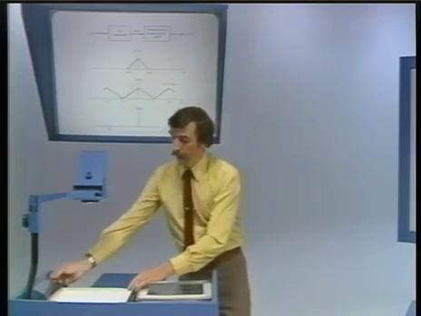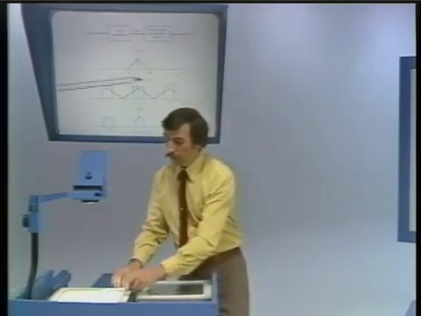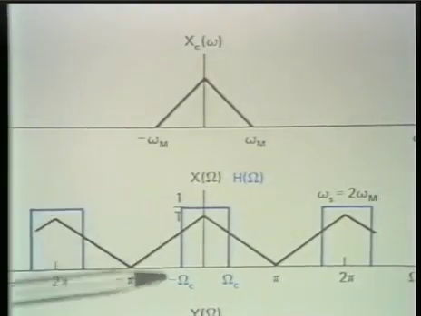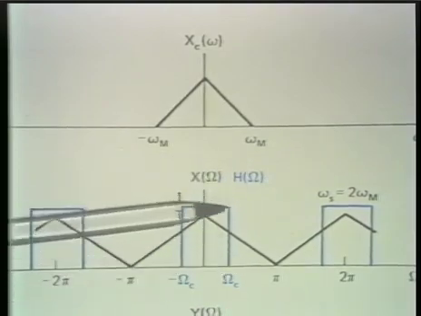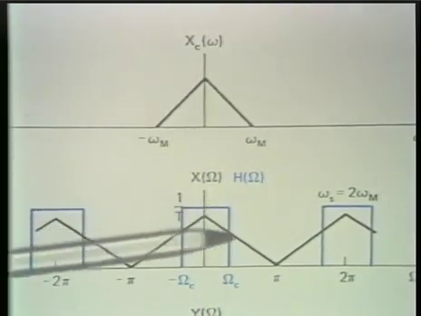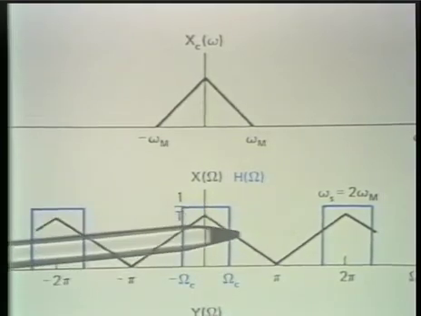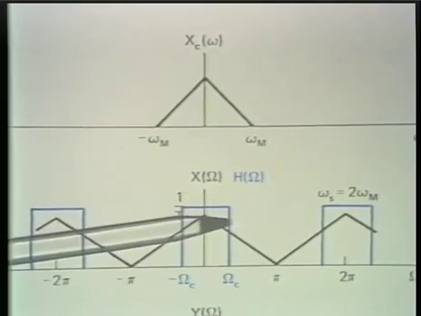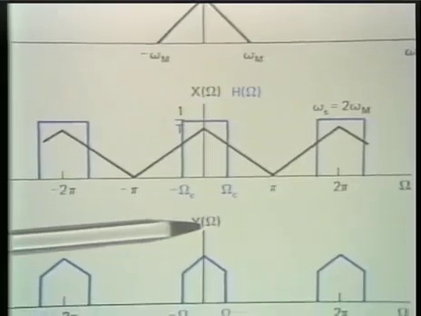If I now low-pass filter the sequence x of n, then in effect I'm multiplying the sequence spectrum by this filter. And so the result of that, the product of the filter frequency response and the Fourier transform of x of n, would have a shape somewhat like I indicate below.